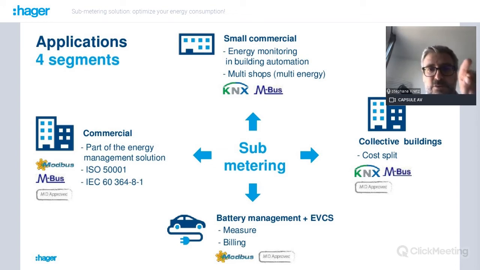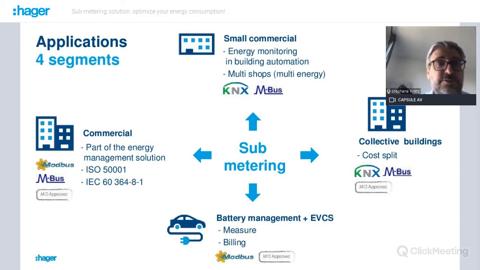If one is consuming less than the other one, why, where: heating, HVAC, lighting, and so on. I want to understand why it's better from one to the other, and what is the best practice in some of my shops. And here it's interesting, and it could be Modbus or MBus, in order to monitor and have a global view. And this is also a nice application.